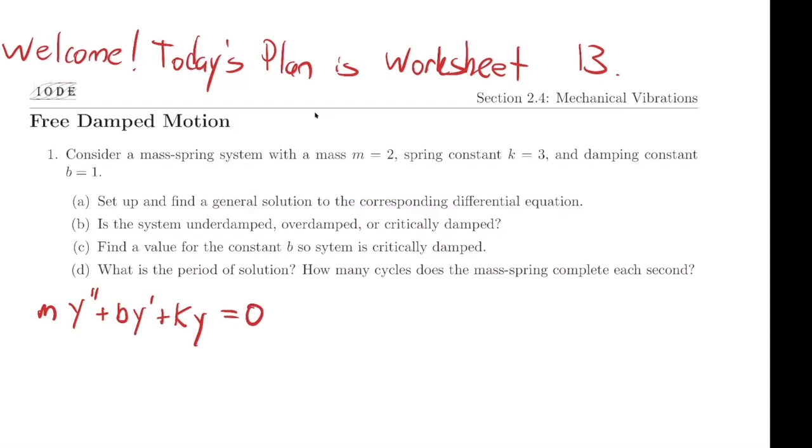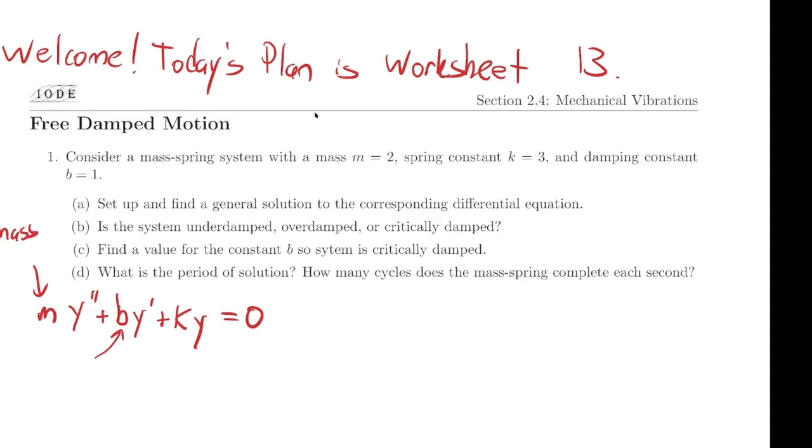That's what we'll start working with first, and then we can start to think about what happens when we start to force things. Over here, again, is the mass. This part comes from the friction of the surface. And this part is related to the stiffness of the spring.